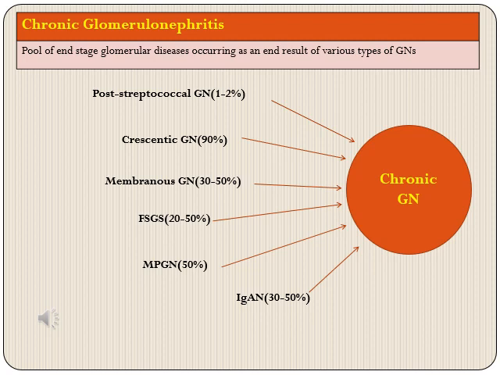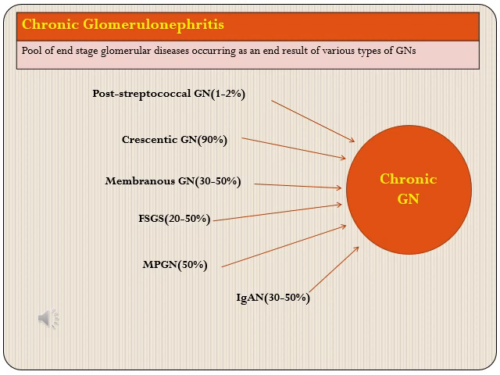So what are the different glomerulonephritis that contribute towards development of chronic glomerulonephritis and in turn resulting in end-stage kidney disease. 1 to 2% of post-streptococcal glomerulonephritis can go on to become chronic glomerulonephritis, so it has kind of good prognosis. Then 90% of patients with crescentic glomerulonephritis will go on to progress into chronic glomerulonephritis.